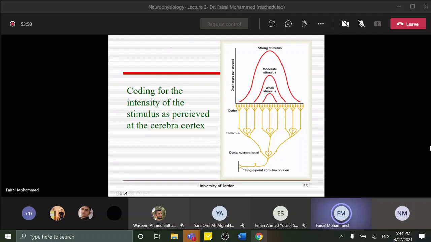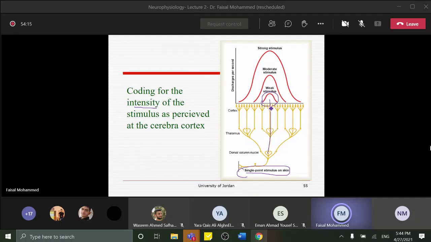This is how the system codes, if you remember from year 1, how the system codes for intensity. If the signal is weak, it will be able to stimulate only the central one here. So these are the number of fibers that are stimulated if the signal is weak.